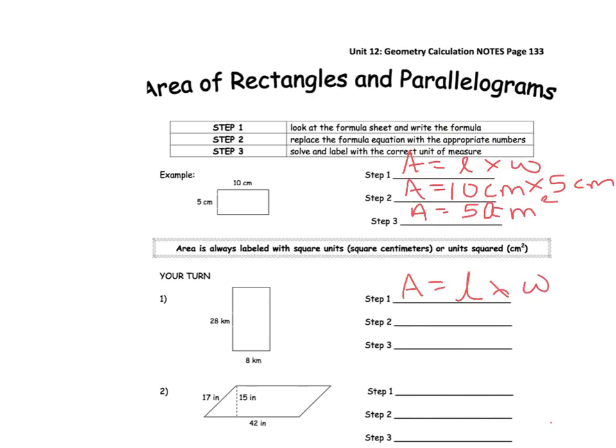Step 2, area equals 28 kilometers times 8 kilometers. Area equals 224 kilometers squared. Don't forget to label kilometers squared.